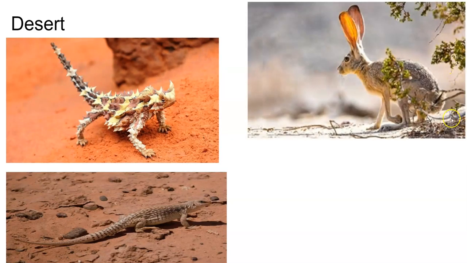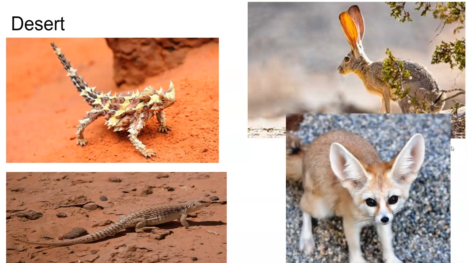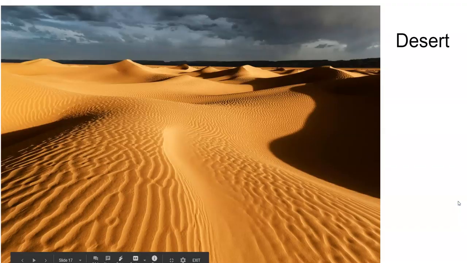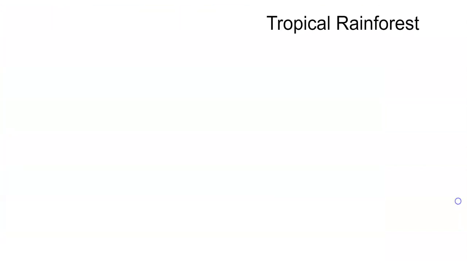We have a jackrabbit there, fennec fox. We have big ears to let all that heat out, okay? And it helps them hear any predators. And then in other types of deserts, not in the US, you would see a camel. All right, pretty cool. Here's one of those deserts that's not in the US. This would be similar to the Sahara.